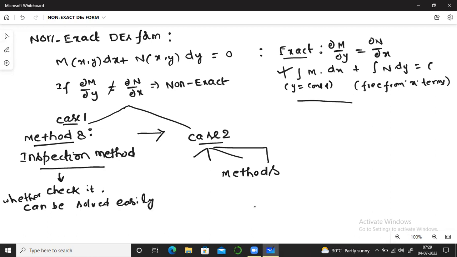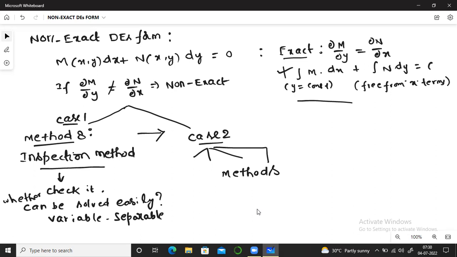Easily means it is almost like the variable separable method. How do we do inspection? What formulas and basic equations do I need to know to do the inspection? That we will see first.